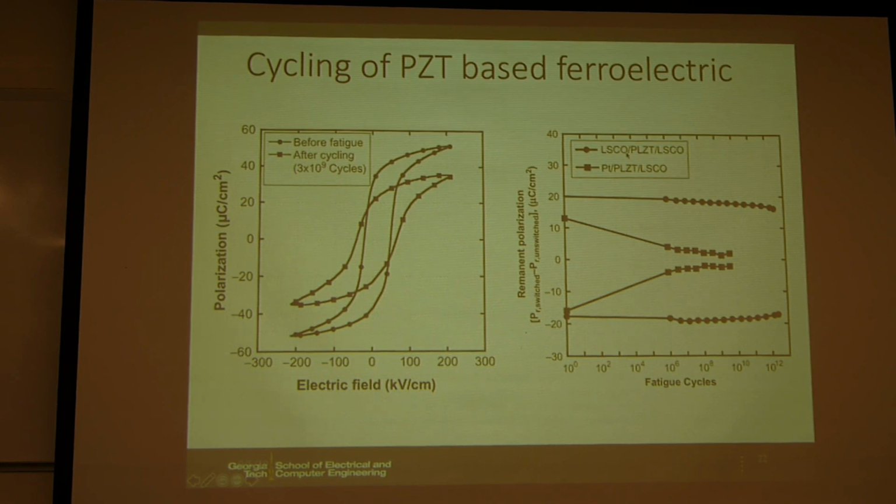The reason is that the oxide electrode allows oxygen vacancies to cross the electrode-ferroelectric interface. The downside of this type of electrode is that it leads to problems such as leakage and retention issues.